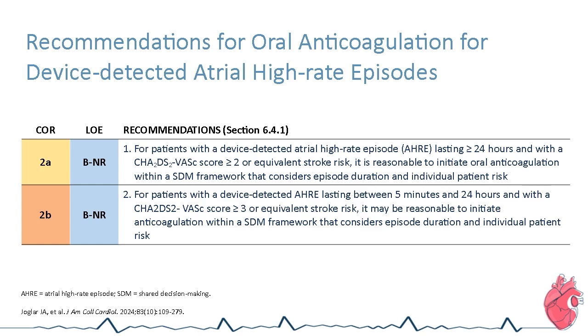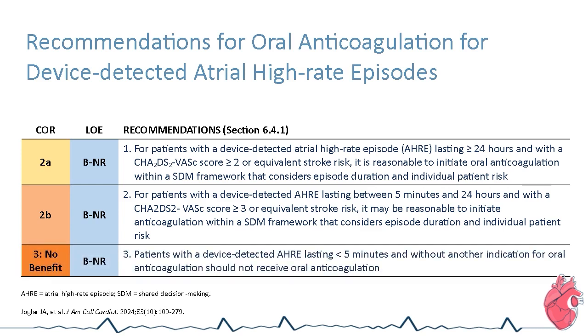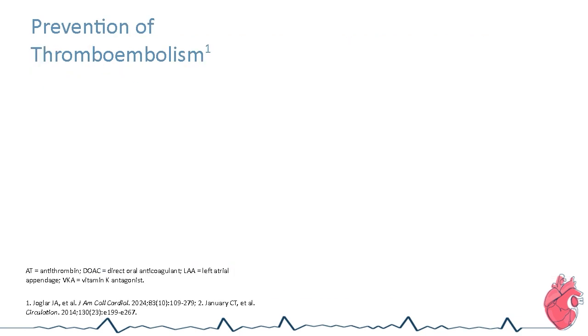The shared decision-making framework would be a consideration again to try to decide whether it would be reasonable to start an anticoagulant for this patient. Patients who have device-detected atrial high rates of less than 5 minutes without other indication for oral anticoagulants should not receive oral anticoagulation. Our goal is to prevent thromboembolism, to prevent stroke.